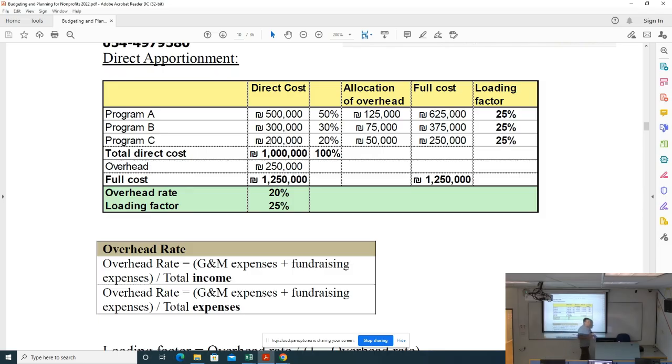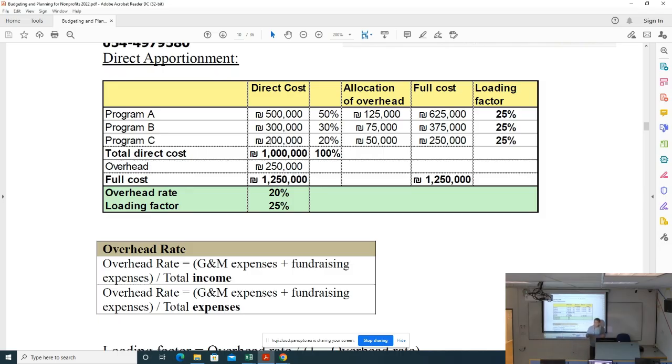In order to explain the direct apportionment, you will see this is the only example where I don't use Excel, because it is so straightforward. Let's assume that we have an organization with three programs, A, B, and C, with budgets of 500, 300, and 200, which in some miraculous way add up to 1 million. On top of that, the organization has overhead expenses of 250,000.